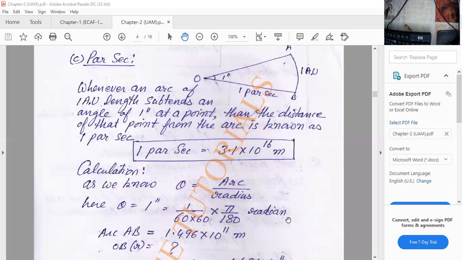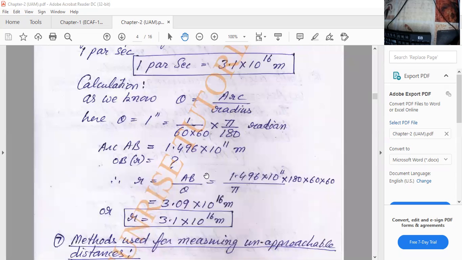Now the length of arc AB, as we know, is 1.496 into 10 to the power 11 meters. So theta is already known to you, the arc is known to you, and we have to find out the radius. So R will be equal to AB upon theta.